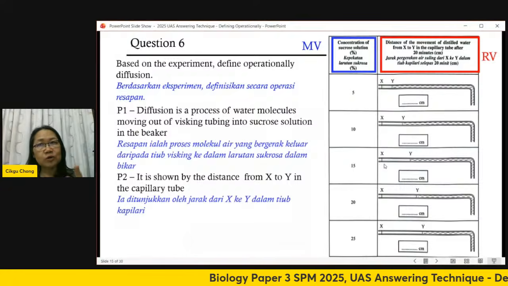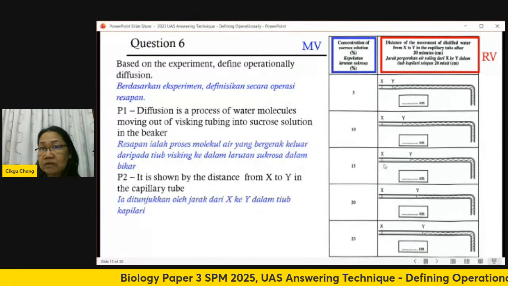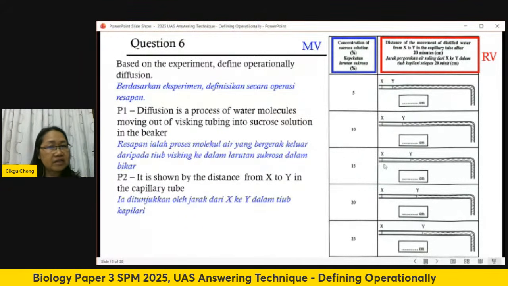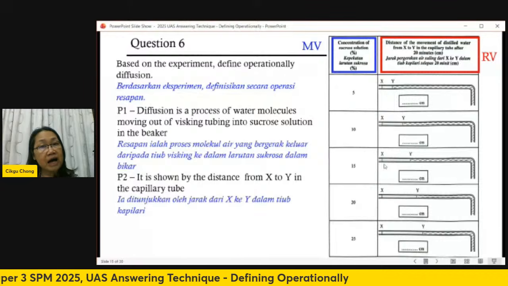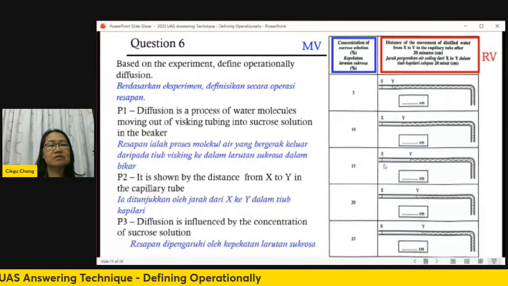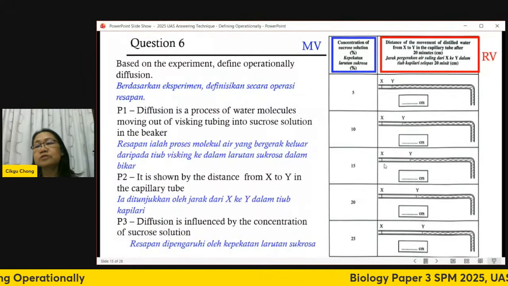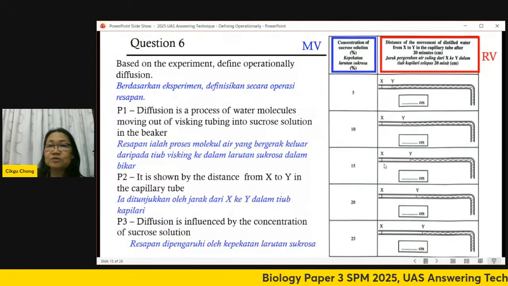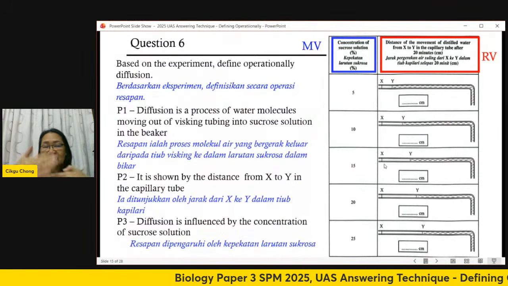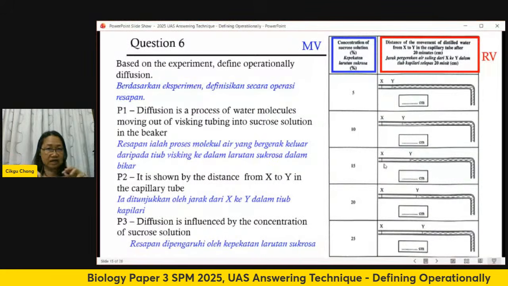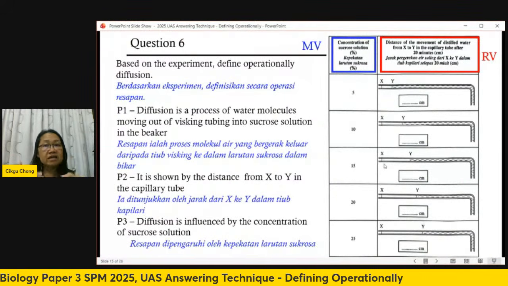The water will go inside. And then the third point, it is affected. Diffusion is affected by MV, concentration of sucrose. More or less you know already, right? As I give you more questions, you have a steadier idea, right?